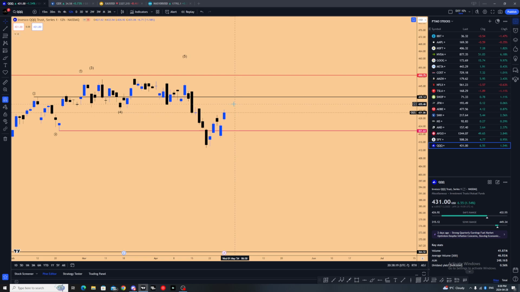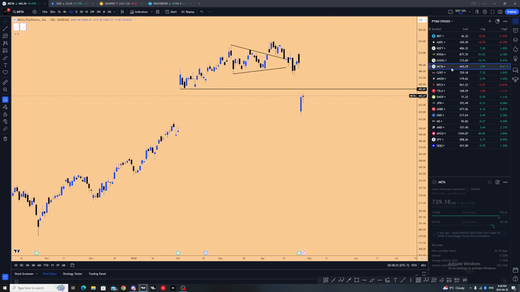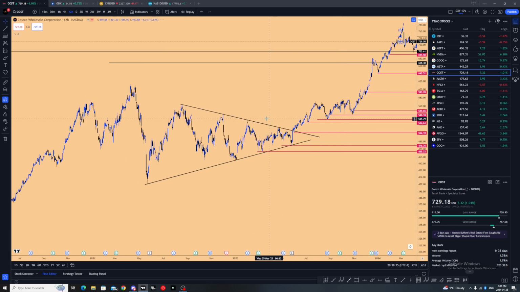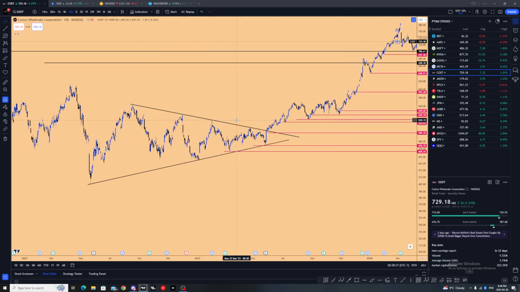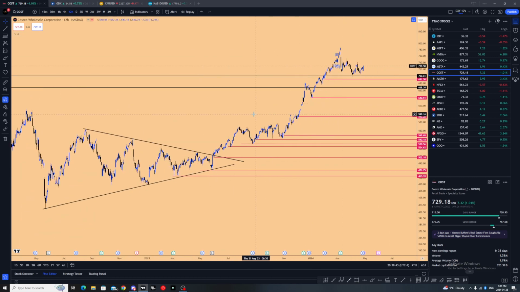QQQ only operates in the New York session, from 9:30 a.m. to 4 p.m. New York time. And you can apply the same concepts on, let's say, Amazon or Costco or Meta. I've nailed Costco ever since this pattern broke out. I was discussing this pattern with LQABD and I was long on this breakout, and I mentioned that this breakout is going to be insane when it goes.